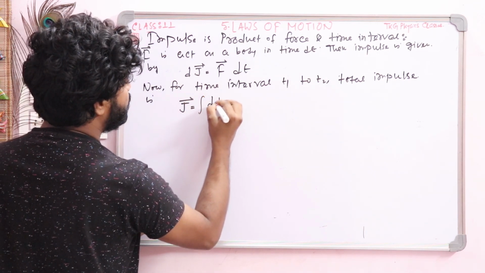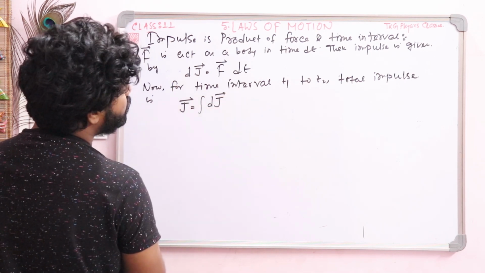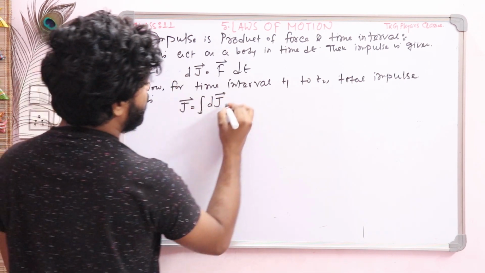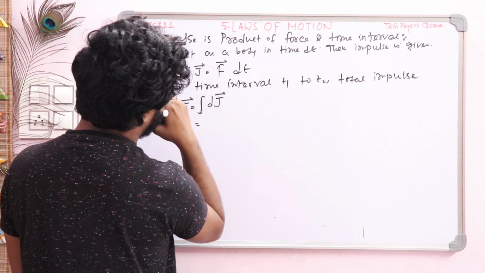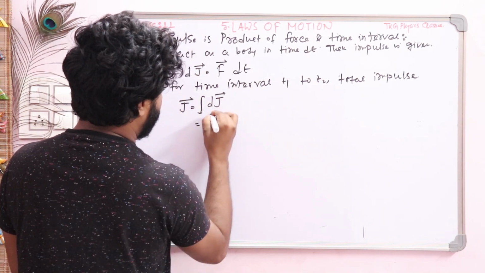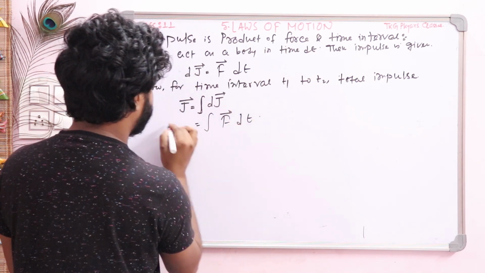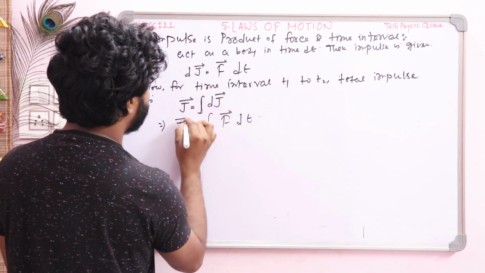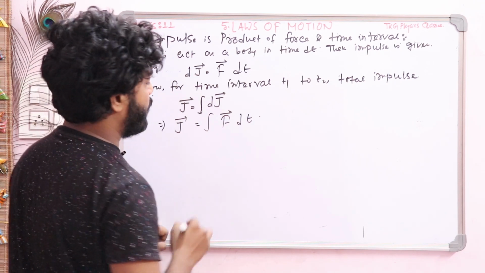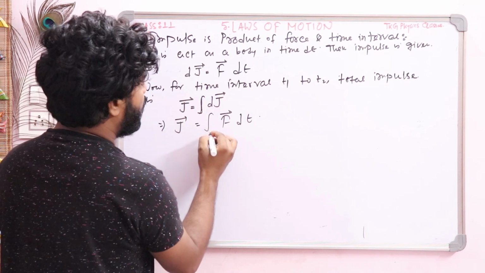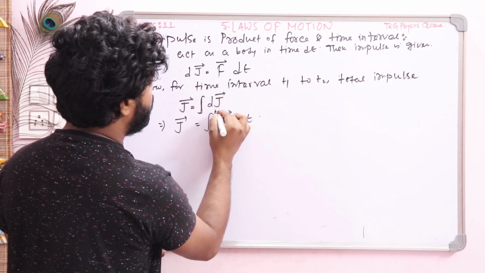It is found by integrating dJ. That means you have to integrate this one, integration F into dt vector, that is J vector is equal to integral of F dt vector. And here integration of dJ is J, and limit t1 to t2.